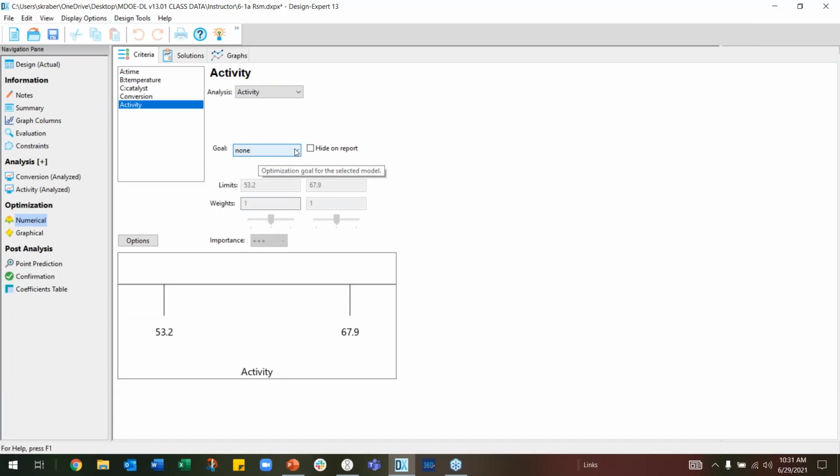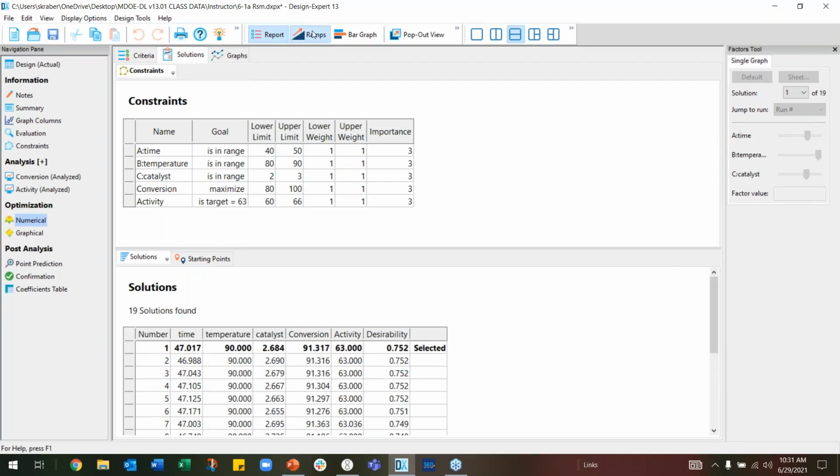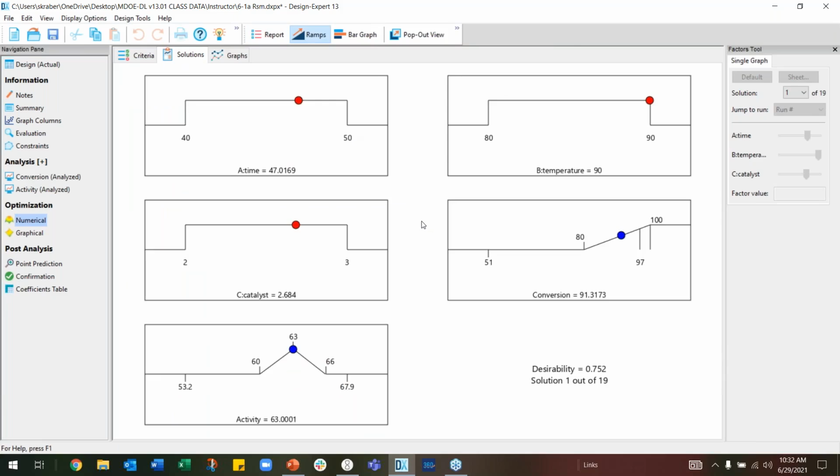Then for activity, we wanted to target a 63. But again, don't use the default limits. You want to set the limits to be exactly what you want, which is 60 to 66. That was the range that was acceptable. And then we can look at the ramps view of our solutions.